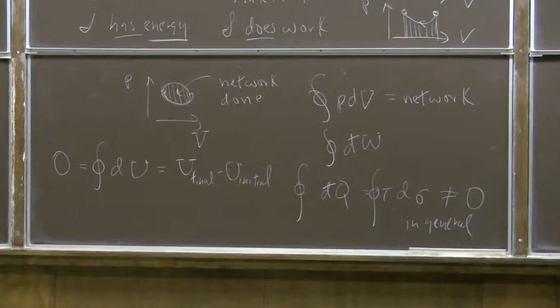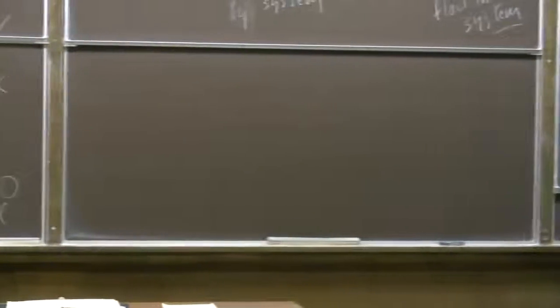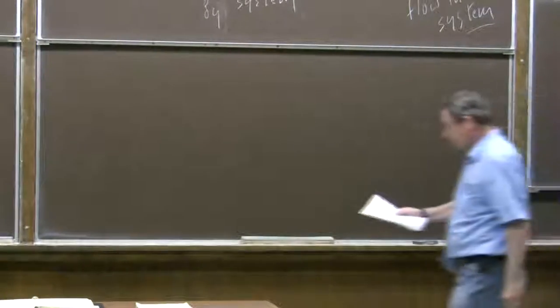All right, so we want to talk about thermodynamics, because the origin of thermodynamics lies in the recognition that there are fundamental limits on how much of the heat added to a system can be converted to useful work.